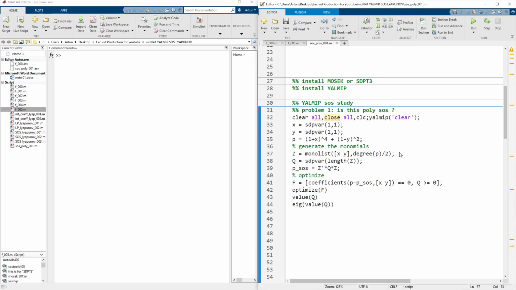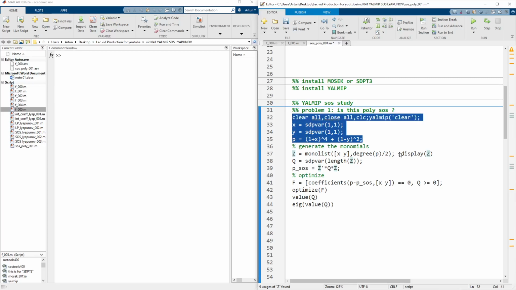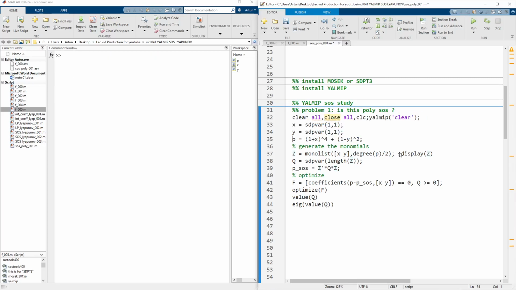Maybe I should display z. Let me just run that section. Okay, I just generated the monomial vector.